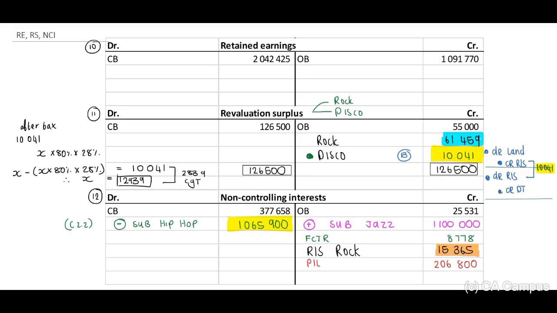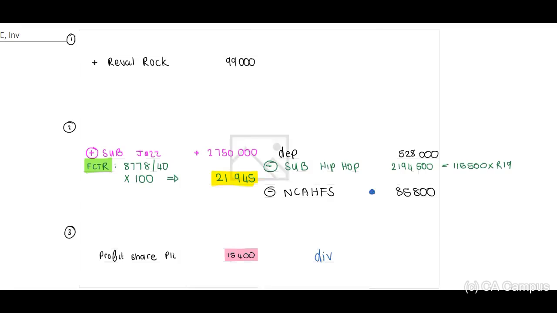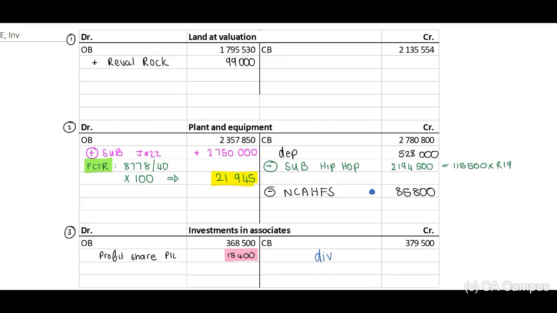Therefore, if we now transfer our before-tax amount, this relates to our land. Our land will increase with it, 12,939, and this relates to the revaluation of Disco. We need to reference our calculation.